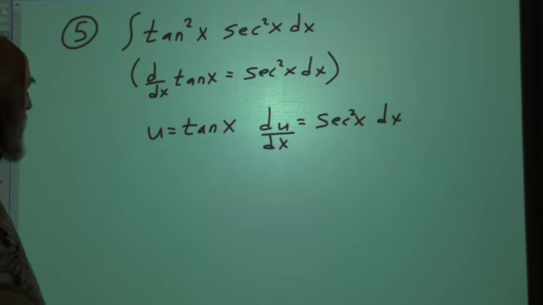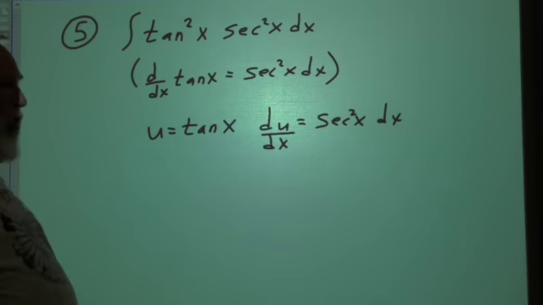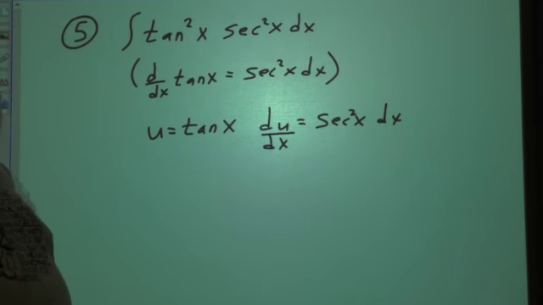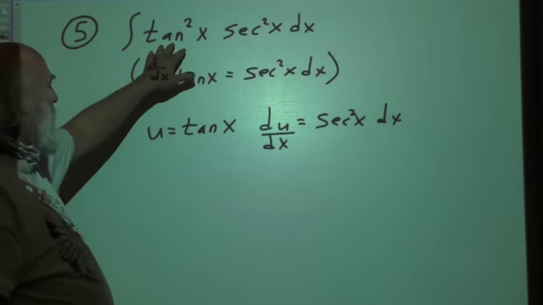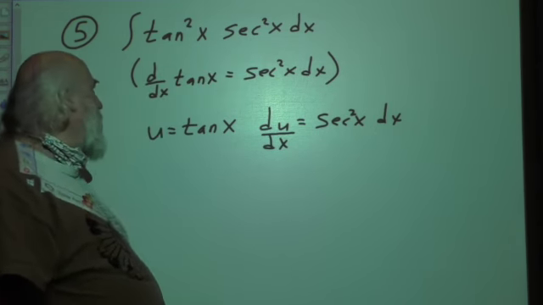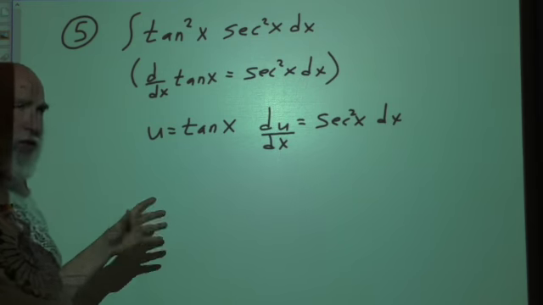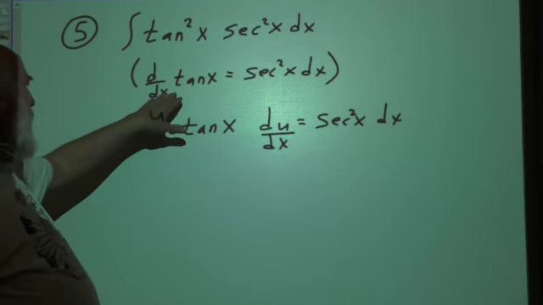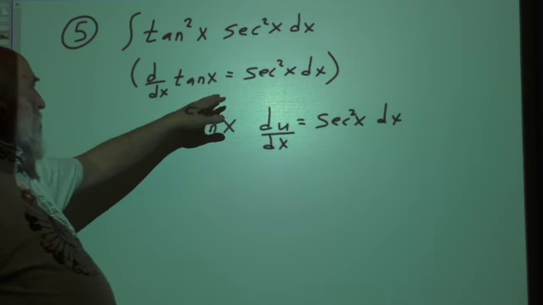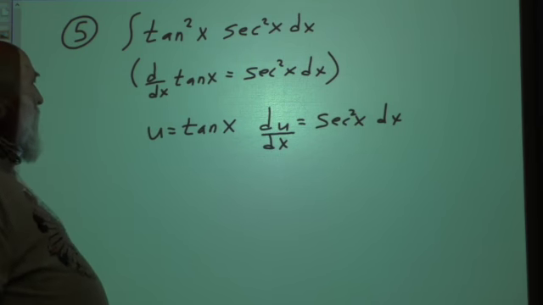Now, this is a fairly complicated looking thing here, right? You're going to have to use the chart for trigonometric functions or integrations to understand what you're looking for here. You've got tangent squared x, secant squared x. But if you take a look at the chart, you know that the differentiation of the tangent is secant squared x dx.